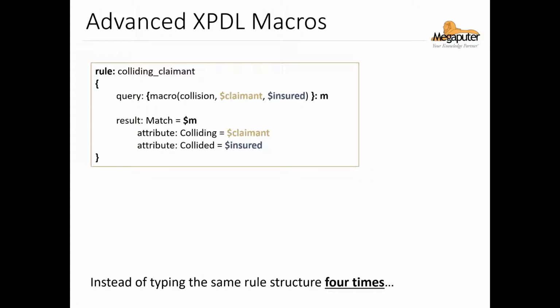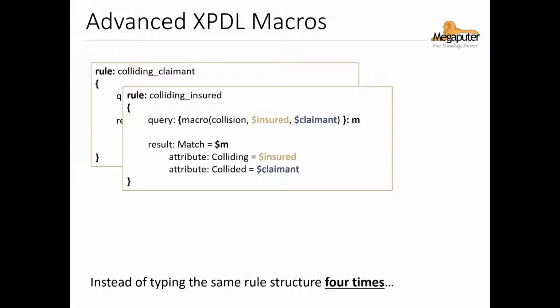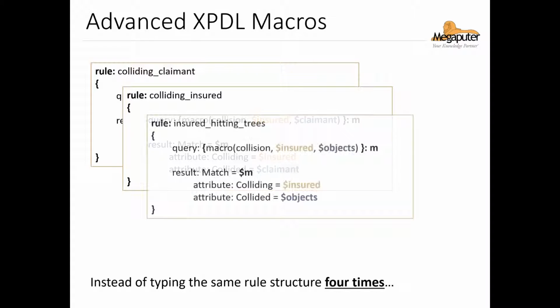So now we have a rule that can find the claimant hitting the insured. All we have to do is call the macro, use these insertable name groups that we've probably found before in a parent rule, and then the results will just be those named groups. And if we have a different rule for the insured doing this, we just flip the arguments here, and that's easy.